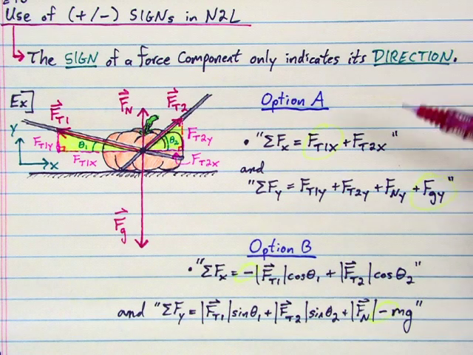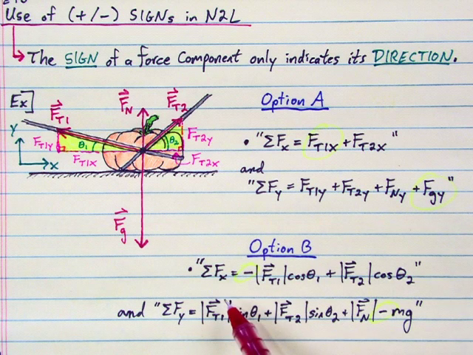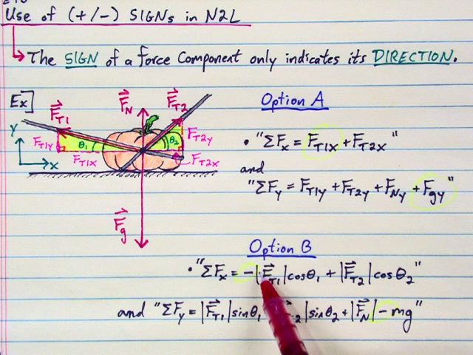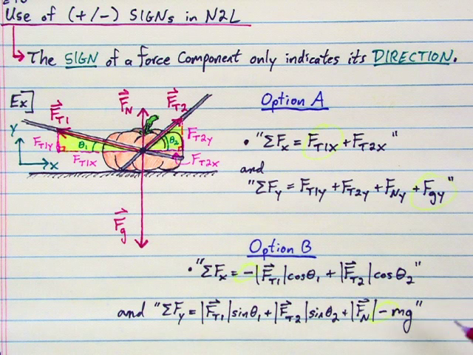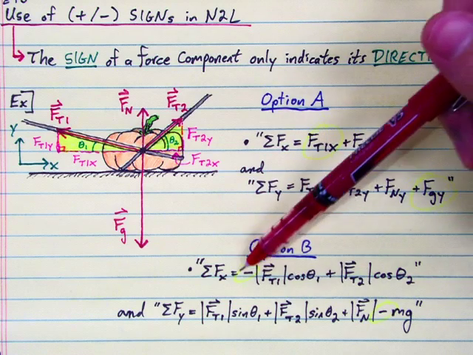But we could instead write things differently. Option B here, instead, we're using magnitudes of forces with explicit plus or minus signs in front of each term. So notice the explicit minus signs in front of this term.